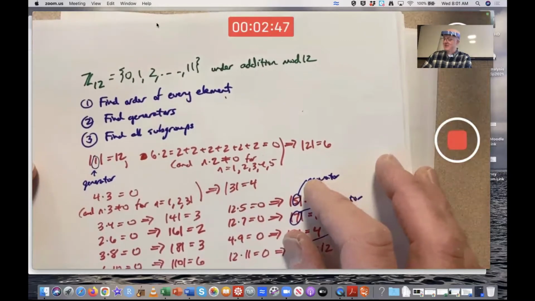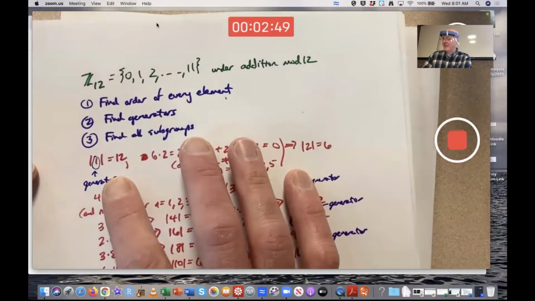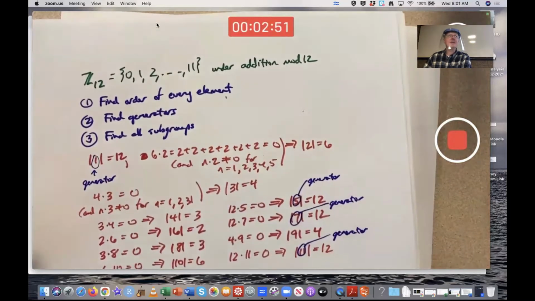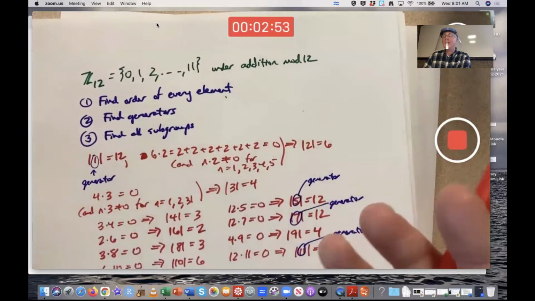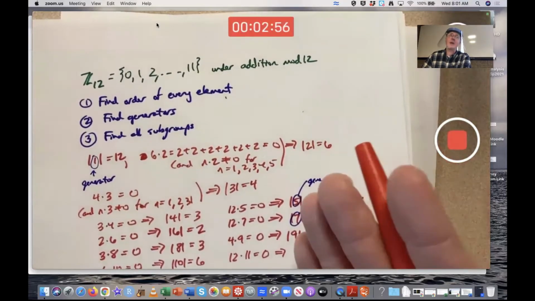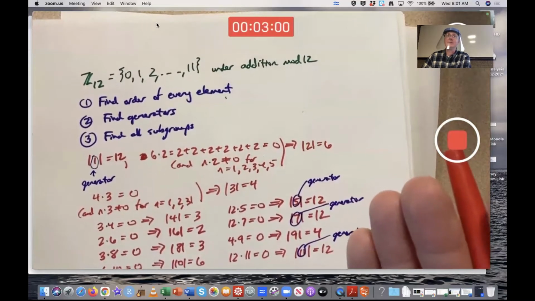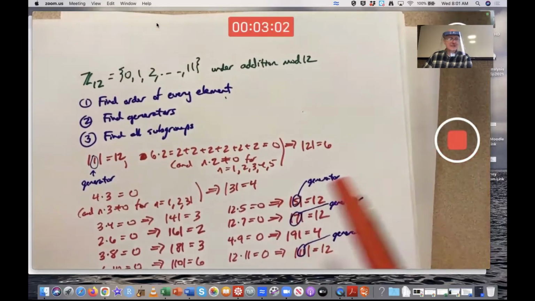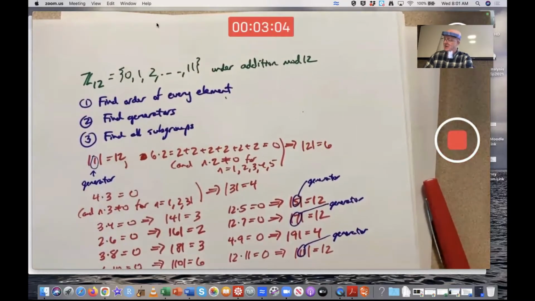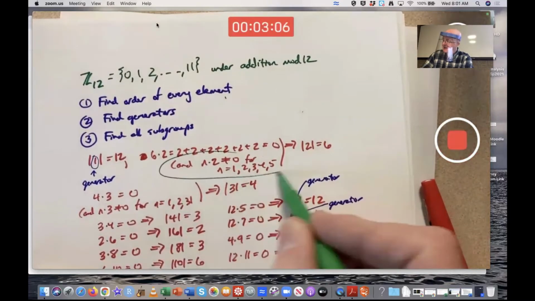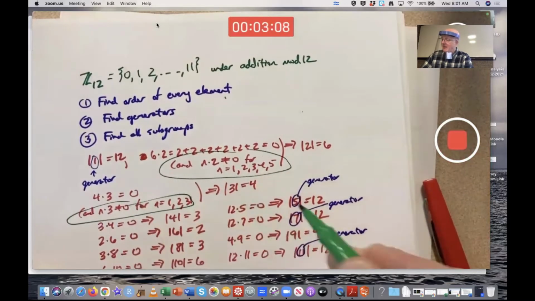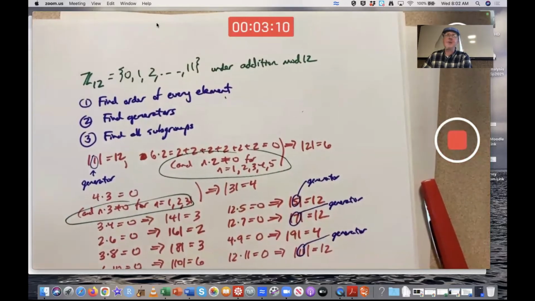That is a generator of the whole group. 12 times 1, 1 added to itself 12 times, does give you 0, and it's the first positive multiple of 1 that gives you 0. That's important as well. I emphasize the first issue on these two examples here and here, but then I don't bother emphasizing it again, though it's still important, obviously.